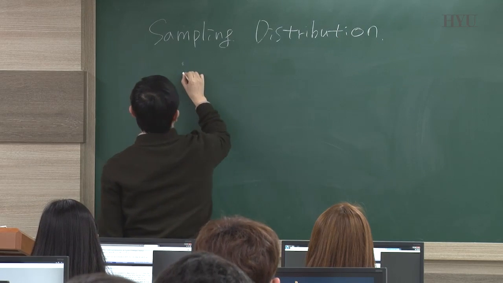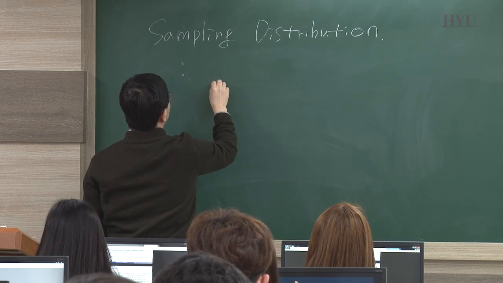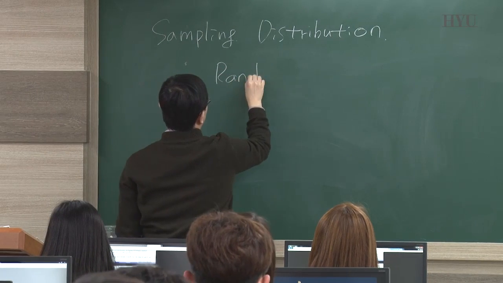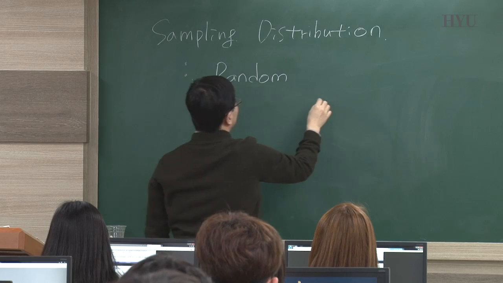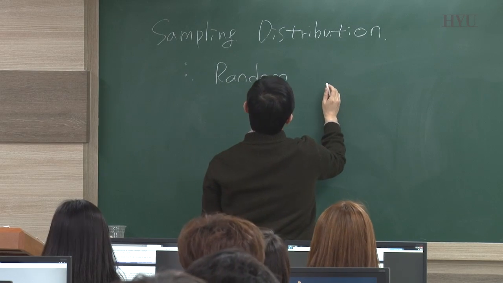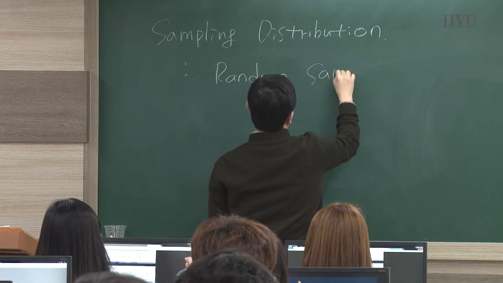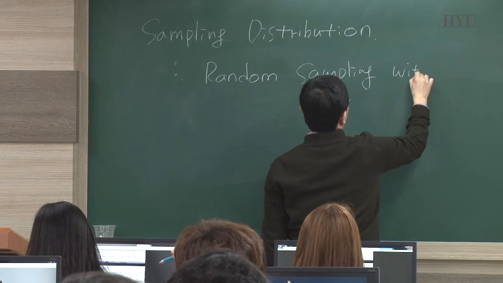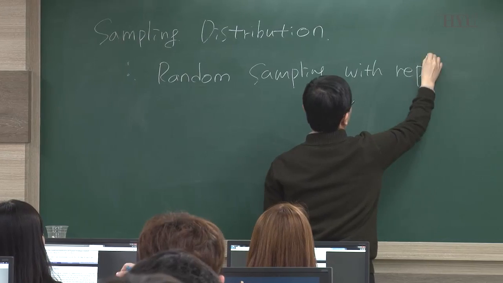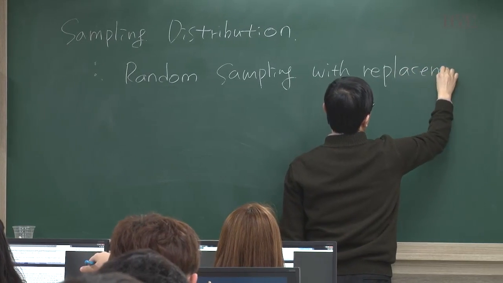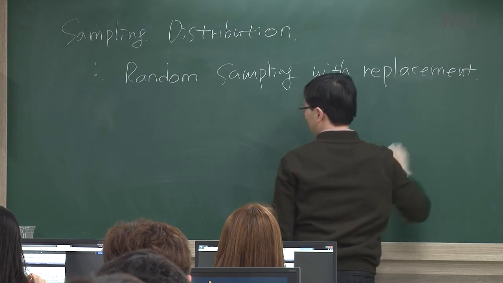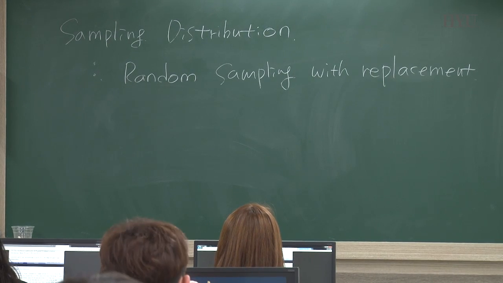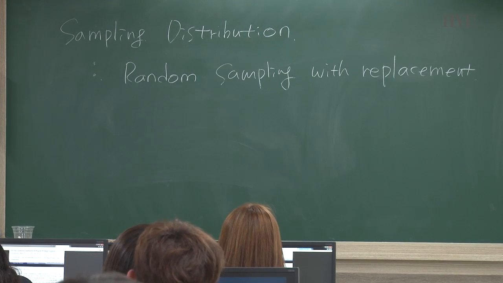To explain this, let me show you a random draw, a random sampling with replacement. So I'm going to show you an example of this, random sampling with replacement.